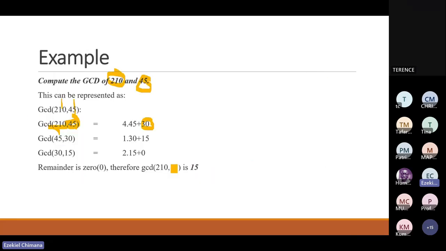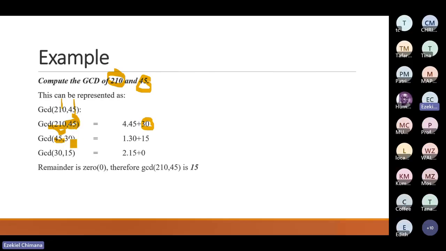So you replace A by B, which means our new A is the previous B, which is this 45. And then you replace B with the remainder 30. It's like you are moving this 45 here and taking the remainder up to here. Then you repeat the same process.